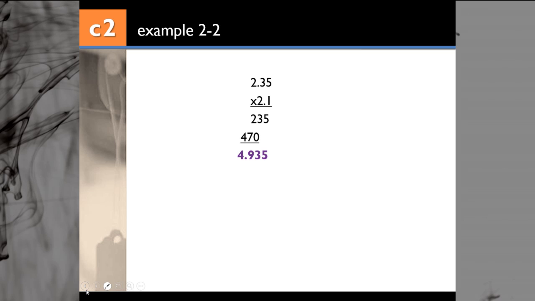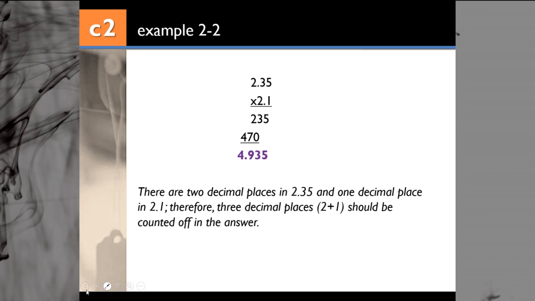When you multiply two numbers with different decimal places, you have to add these two decimal places. There are two decimal places in 2.35 and one decimal place in 2.1. So you add 2 plus 1, and your answer will end up having 3 decimal places.